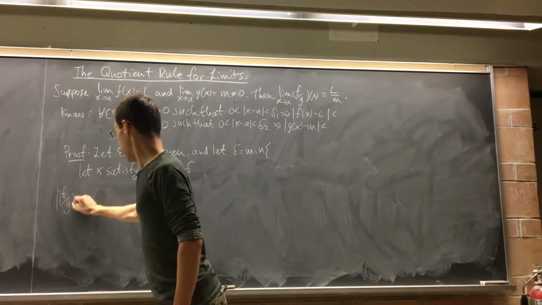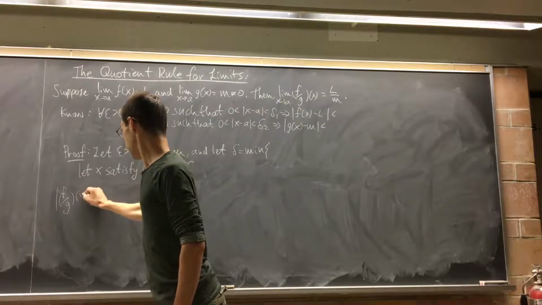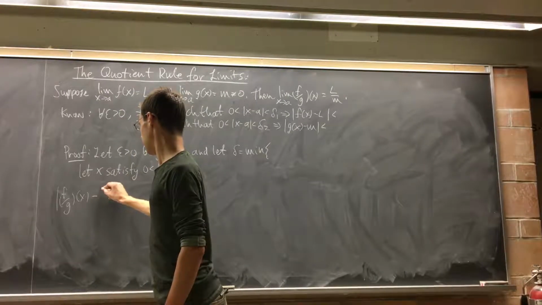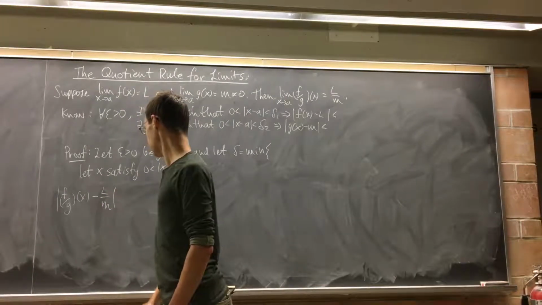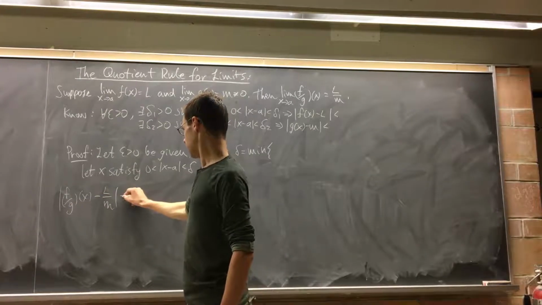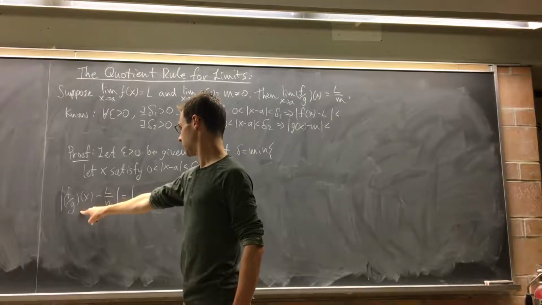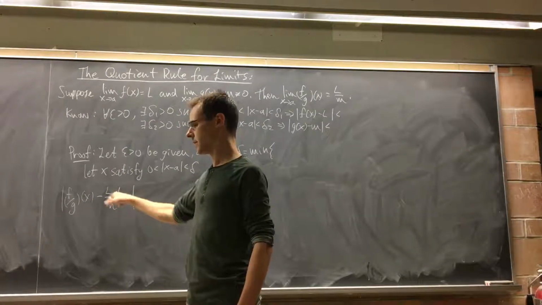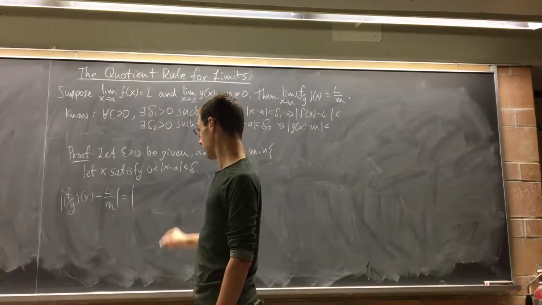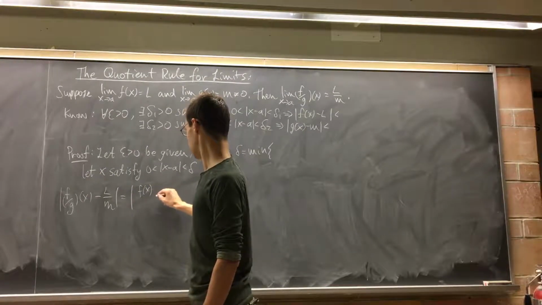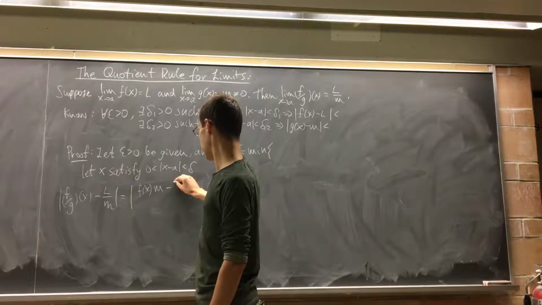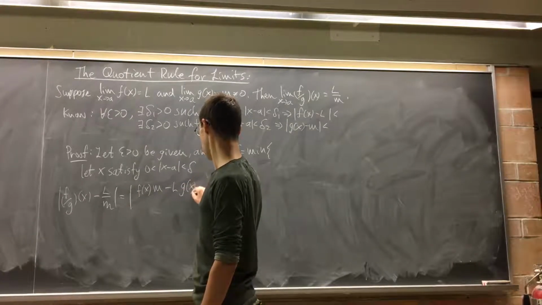And let's begin. f over g of x, the quotient function, minus L over m. Let's expand this out. This is f of x over g of x minus L over m. If we put things under a common denominator, we get f of x times m minus L times g of x in the numerator.